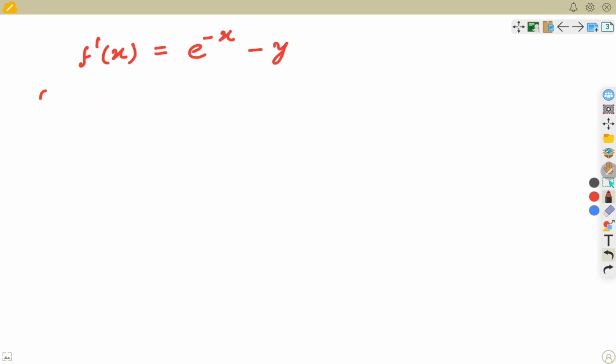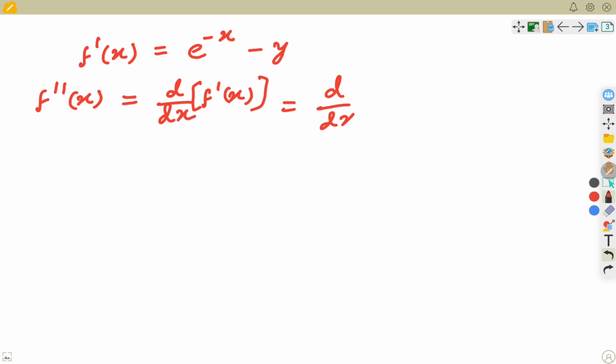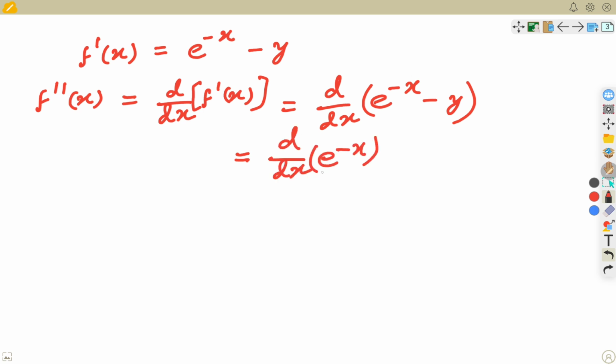Now let's find the second derivative of the given function. The second term is nothing but y dash.